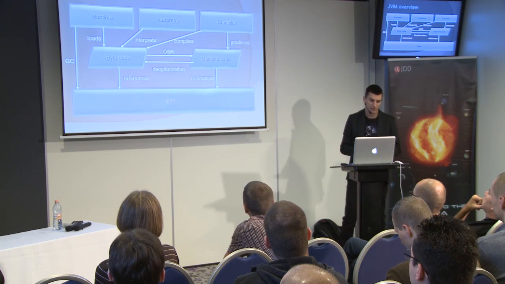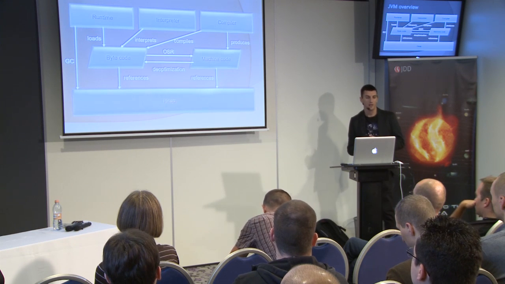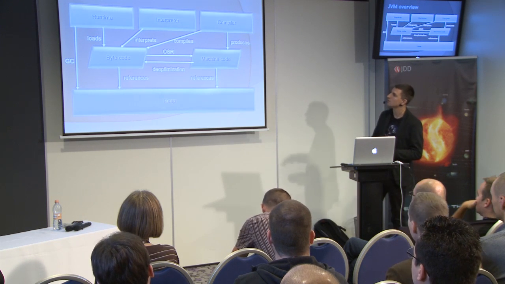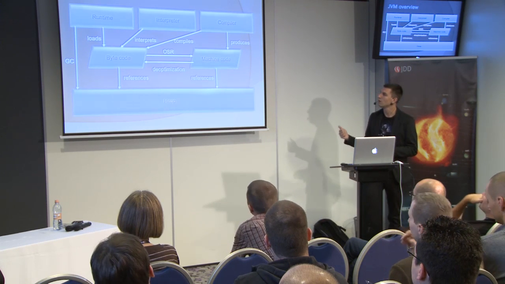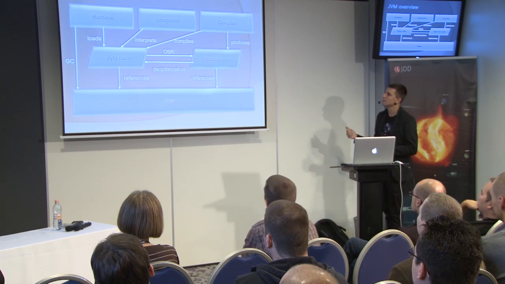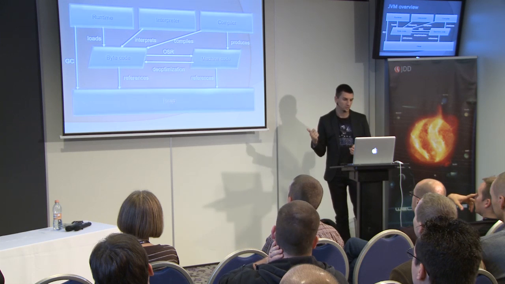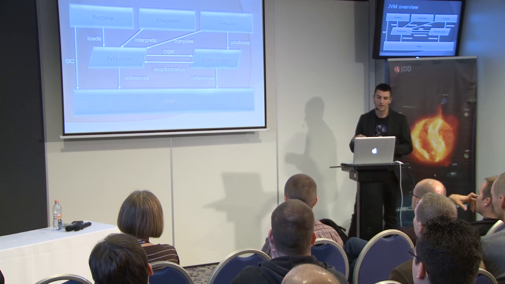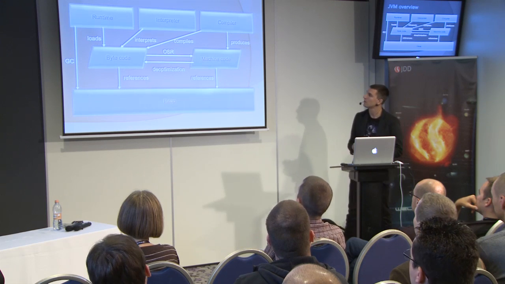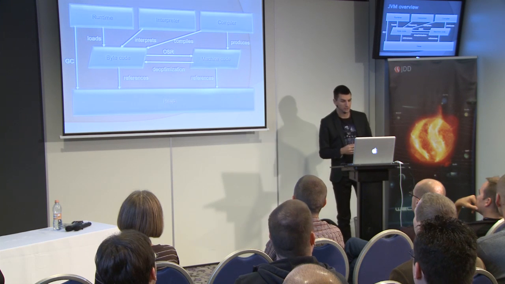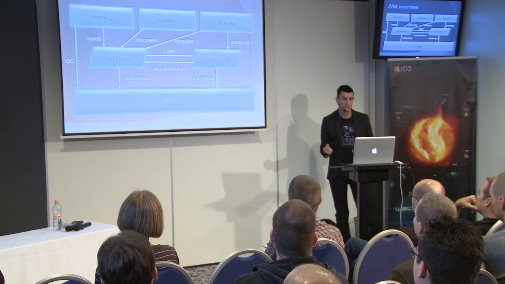We've got the runtime here. The runtime loads code from class files, and it's also responsible for garbage collecting. And after loading this code, we have the interpreter. So a method is executed in the interpreter. And when the execution count crosses a certain threshold, then the JIT transforms this method into machine code.